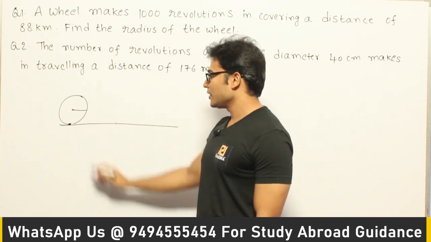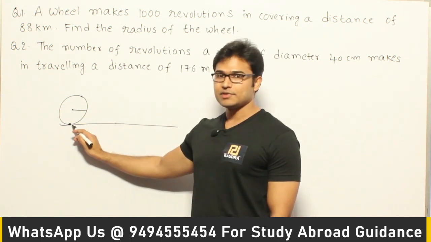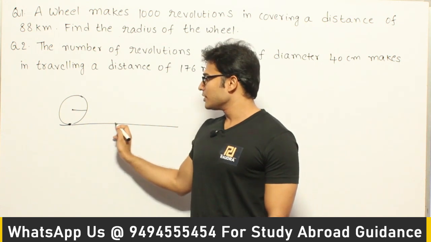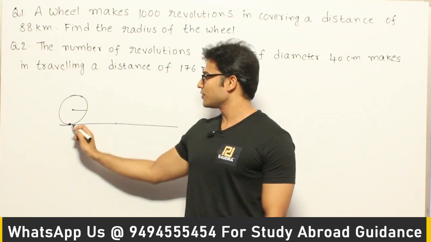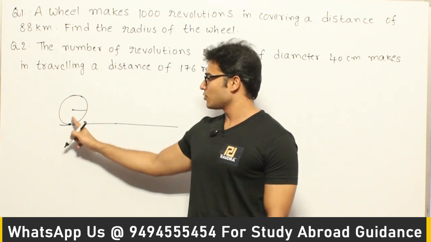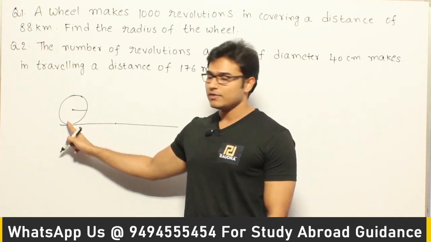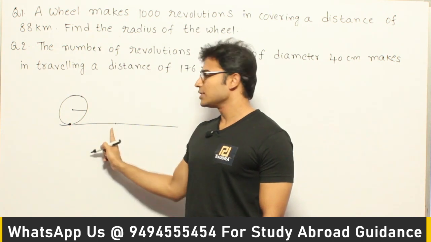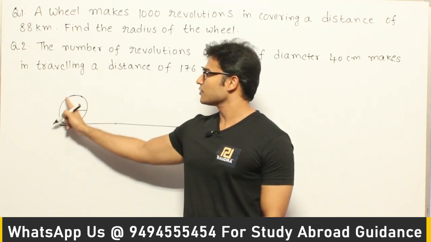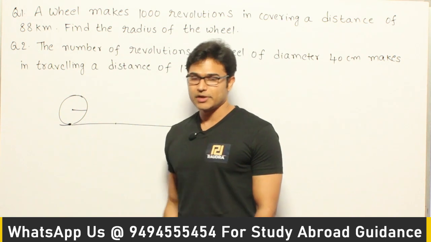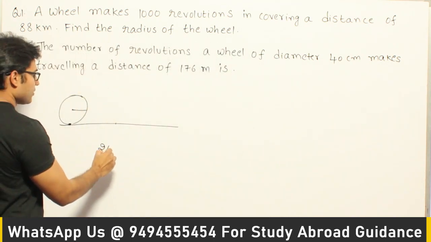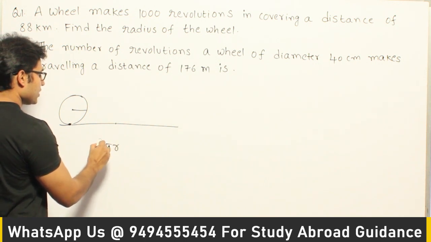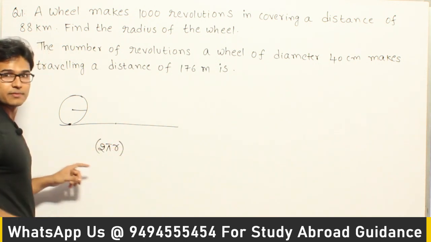In that time, the distance covered will be equal to the circumference of the wheel. So in one rotation or one revolution, the distance covered by the wheel will be equal to the circumference of the wheel. So 2 pi r is the distance covered in one revolution.